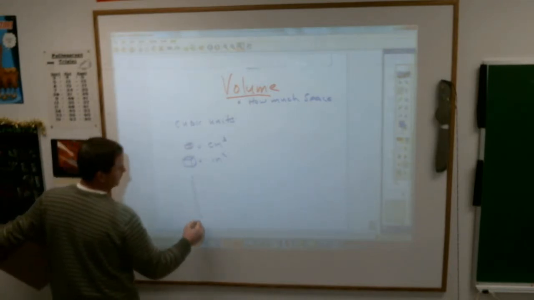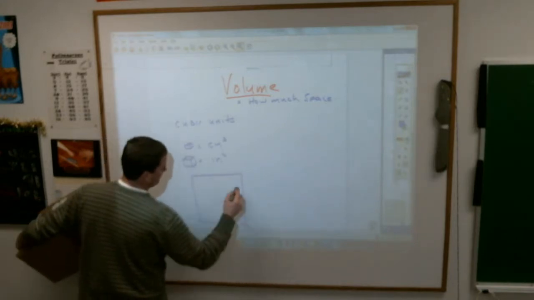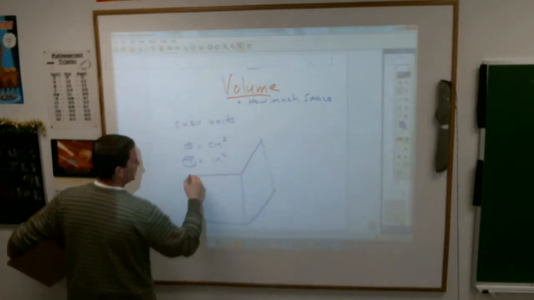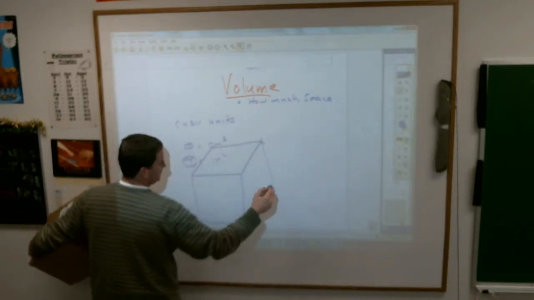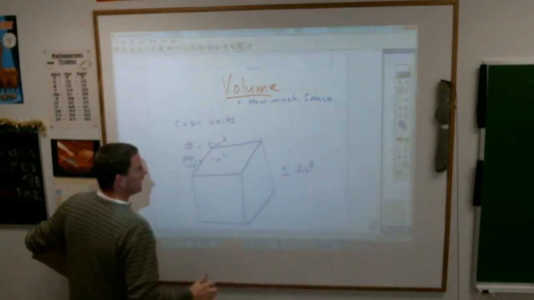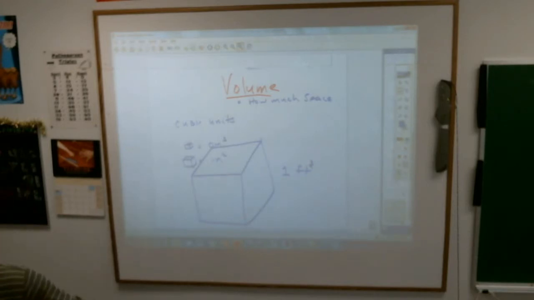If you took your rulers, 1 foot by 1 foot by 1 foot, that would be about a cubic foot. And if you really got crazy and thought about a cubic mile, that would be a very, very large thing, especially going a mile straight up in the air. That's a long ways. We can think of a mile going that way and a mile going that way and a mile going that way.